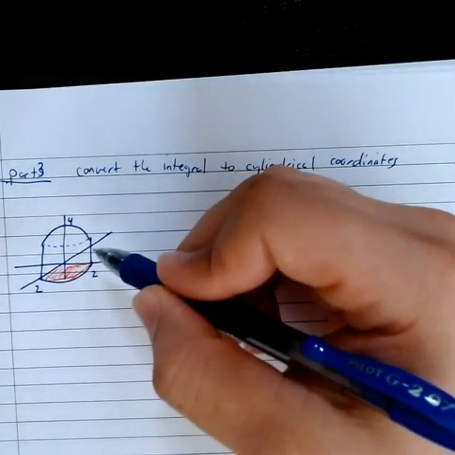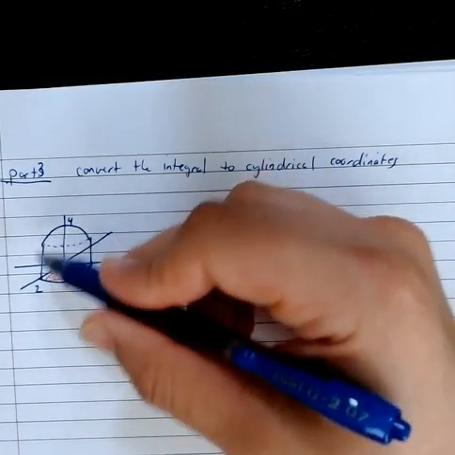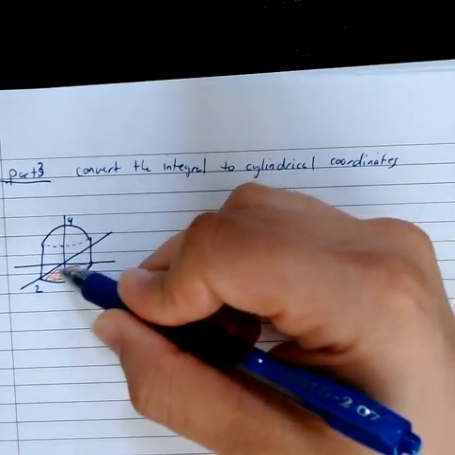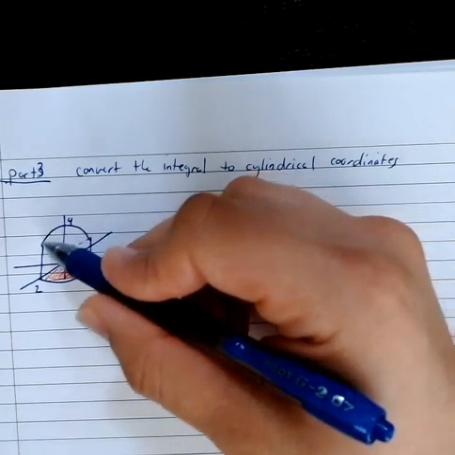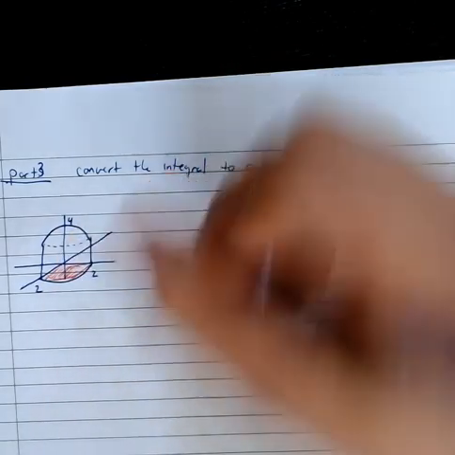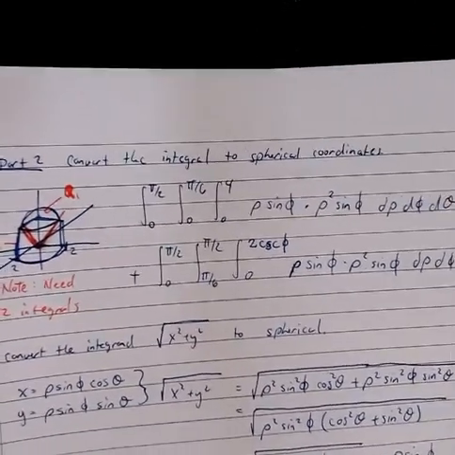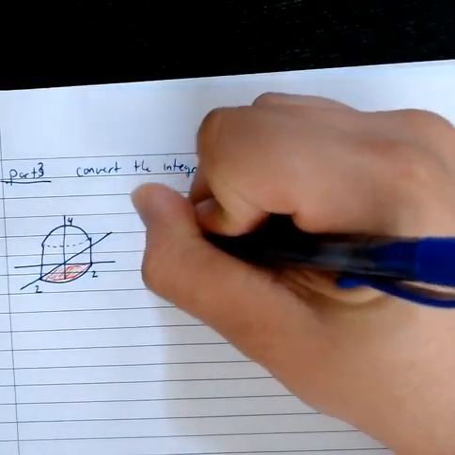All right, so we're converting that. Notice here, this can all be described as a single cylinder from bottom to top. It always has the same bottom, namely that flat plane, and it always has the same top, namely this sphere. So here we can write this as a single integral, and we won't need to split it like we did for the spherical. All right, so let's write down our original problem.